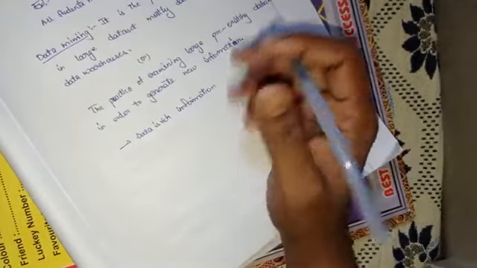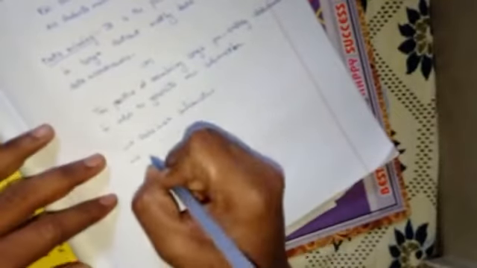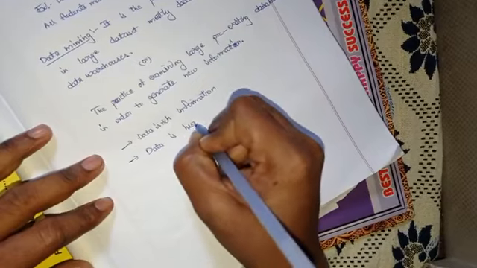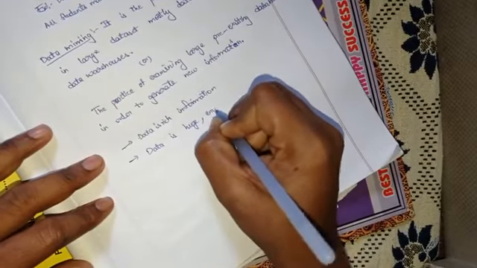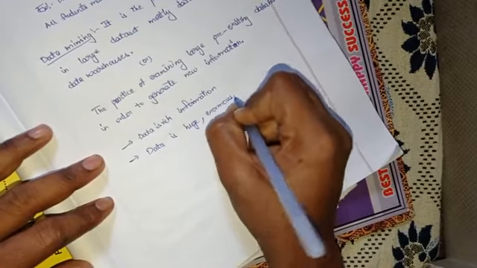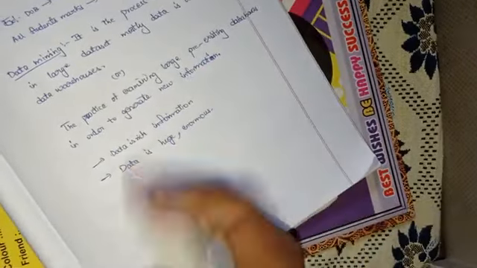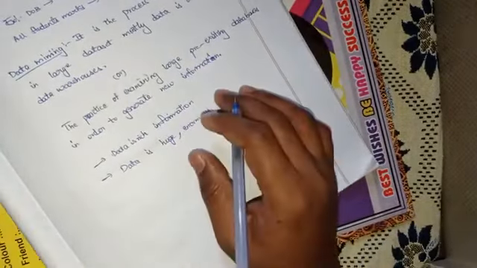If we don't have the proper data, we'll not be able to process it. Because data is huge or enormous, from that data we should gather the most relevant information. That is why we are using data mining.